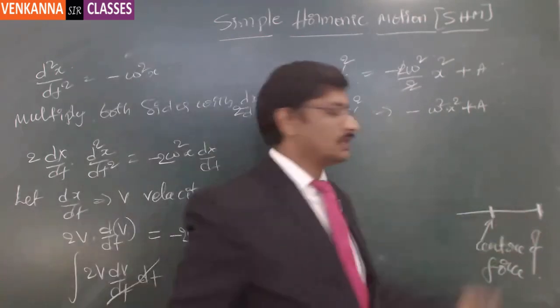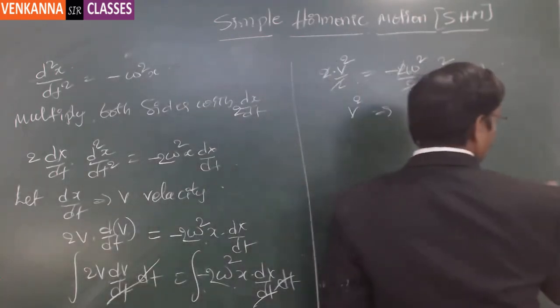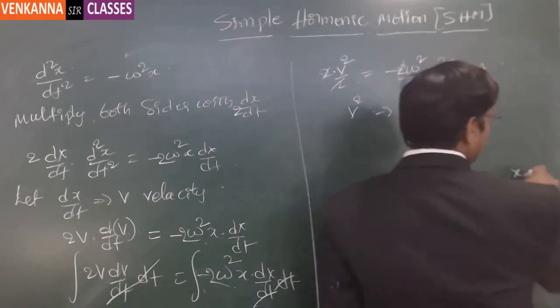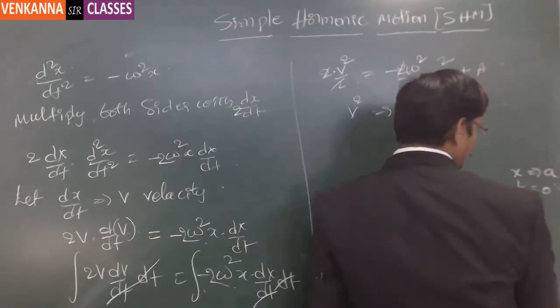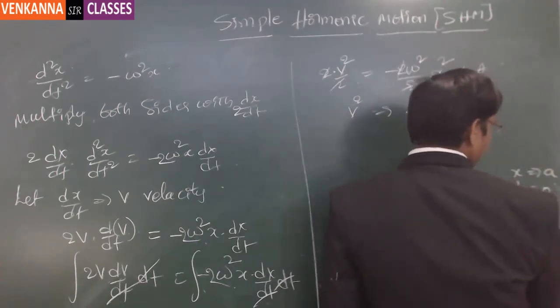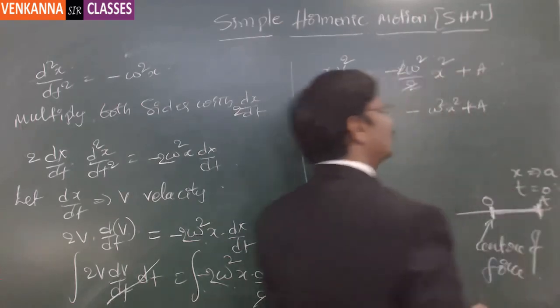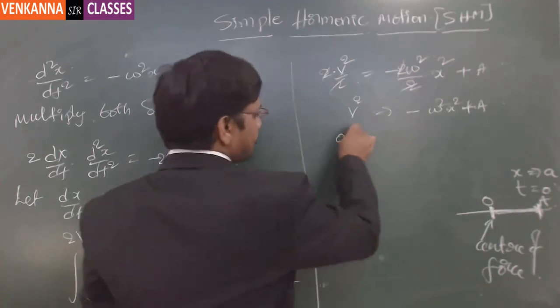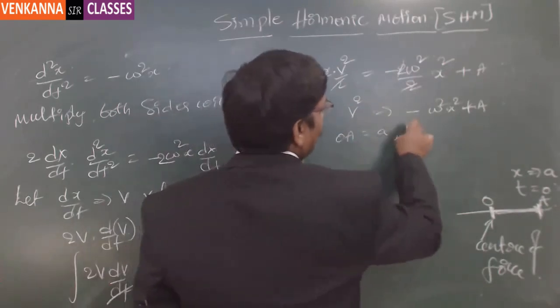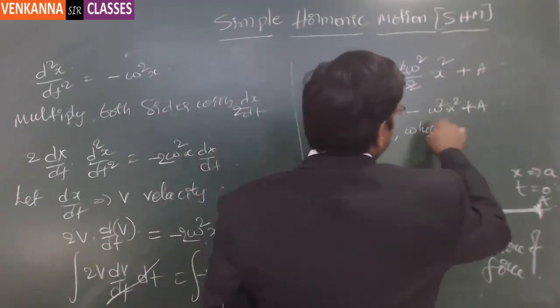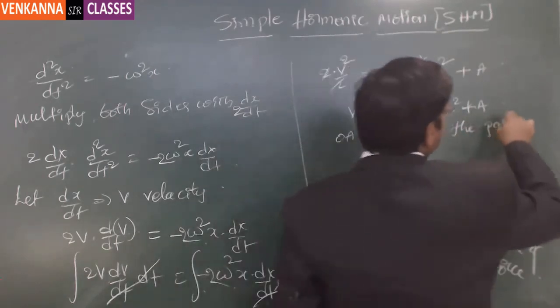So this is the initial position. This is t equal to 0, x equal to some initial value a. So a is this distance. This is O and this is A, then OA is equal to a, where the particle started moving.